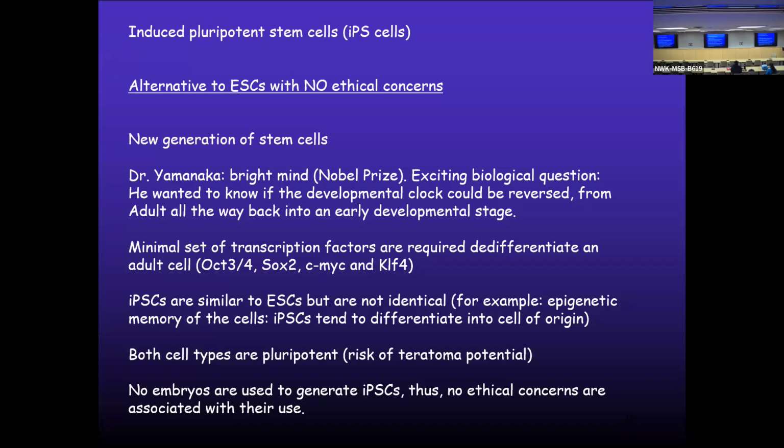They will become sort of pluripotent, but they will have a tendency to go back to the origin. If you make iPSCs from fibroblasts, if you reprogram fibroblasts, they will want to go back to a fibroblast state. So this is an epigenetic memory that is inherent to the iPSCs, okay?